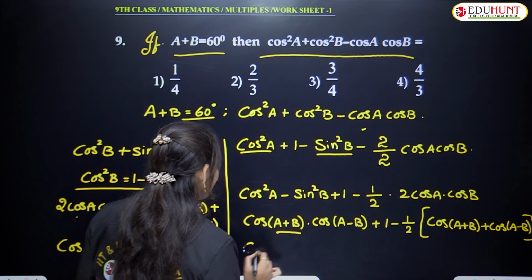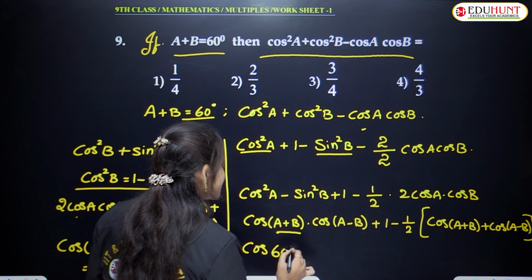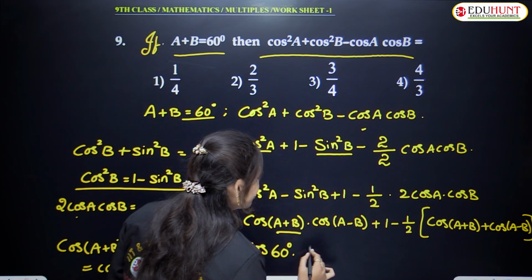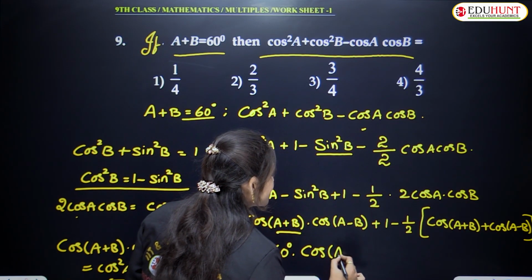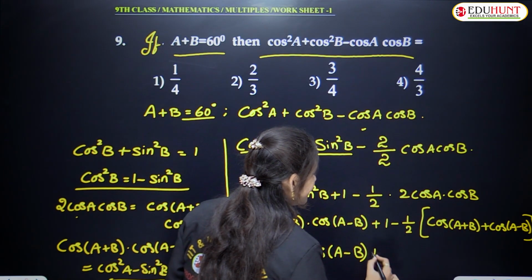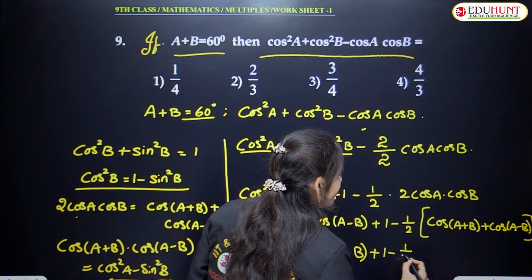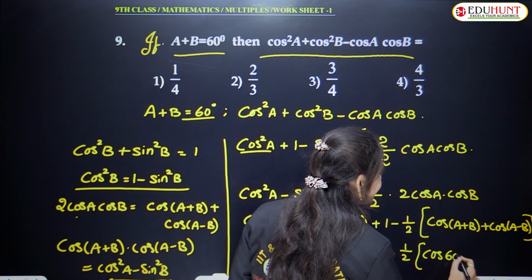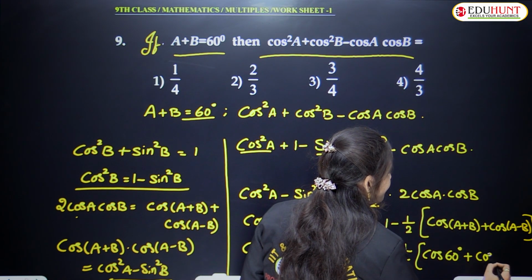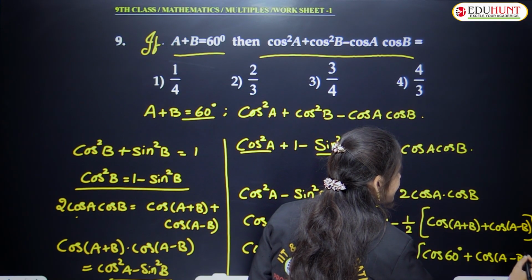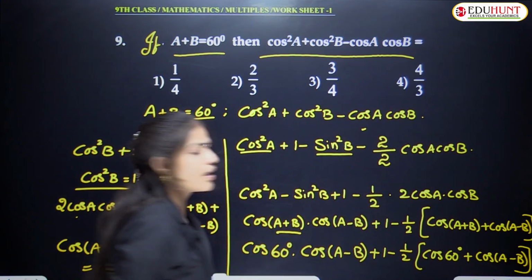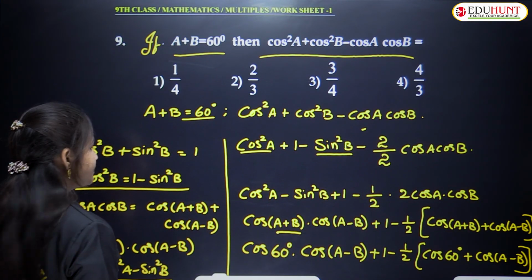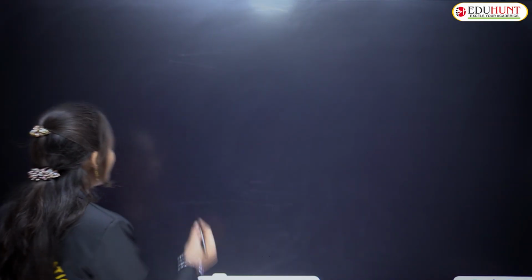So write this as cos of 60 degrees as per the given question, and here cos of a minus b plus 1 minus 1 by 2 into, again we write cos 60 degrees plus cos of a minus b. Cos of a minus b, write it as it is. So see here, cos 60 degrees value is 1 by 2.